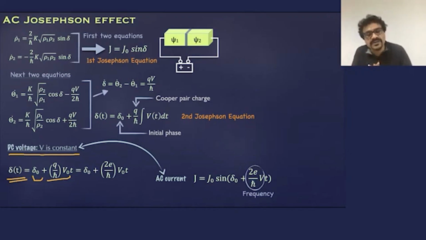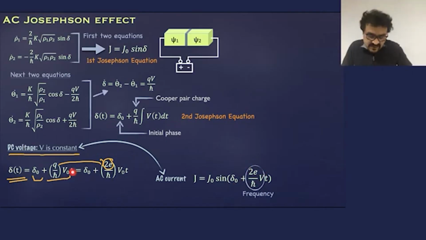We can write this in terms of the Cooper pair charge, q equals 2e, so 2e by h bar V0 times t, where V0 is the applied constant voltage and t is time. So delta is a linear function of time when you have voltage applied, but the current is a function of the phase difference.